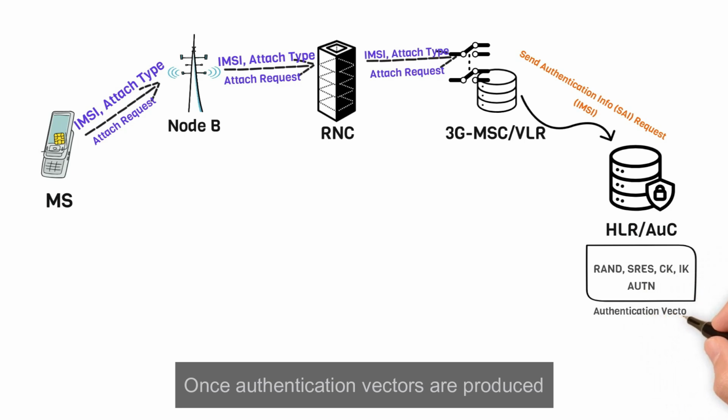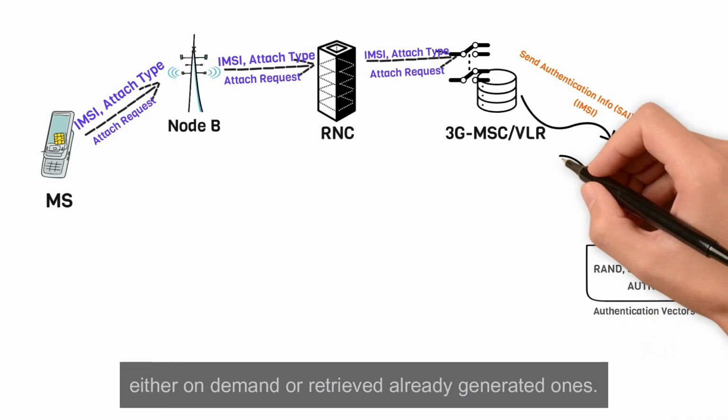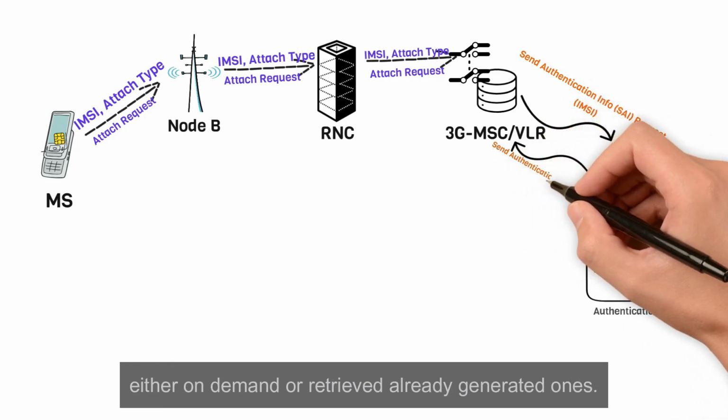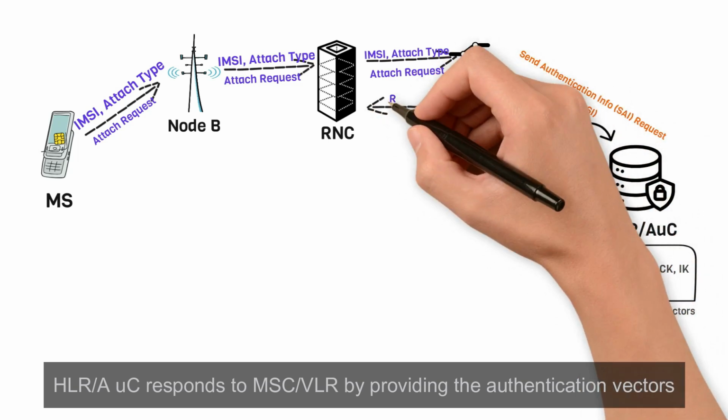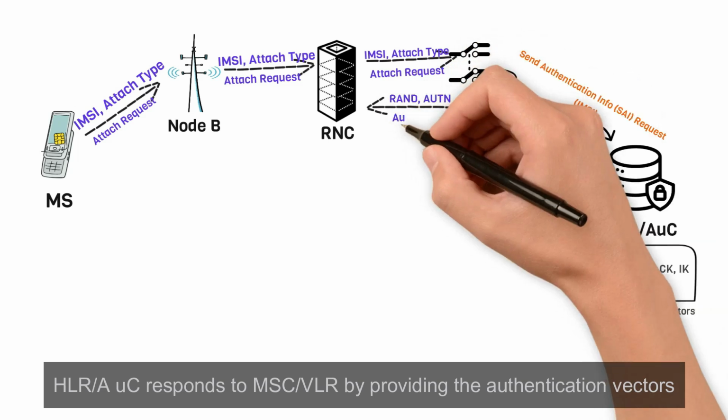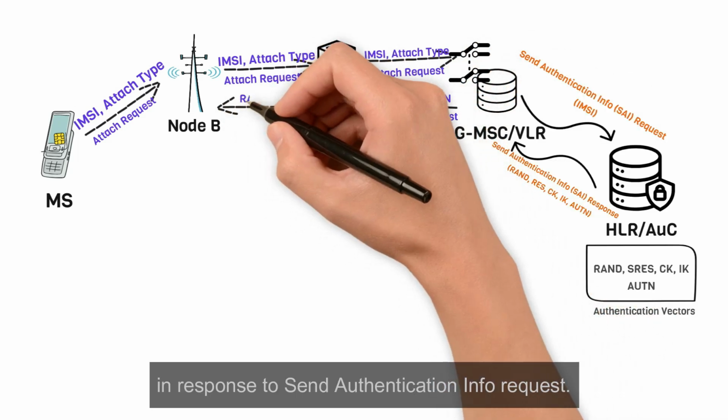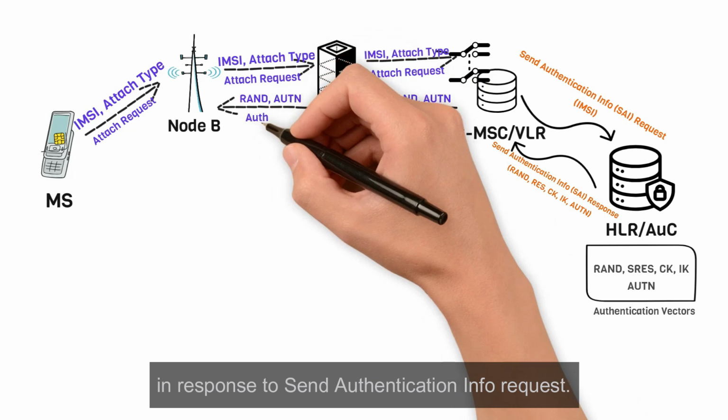Once authentication vectors are produced, either on demand or retrieved from already generated ones, HLR/AUC responds to MSC/VLR by providing the authentication vectors in response to the send authentication info request.